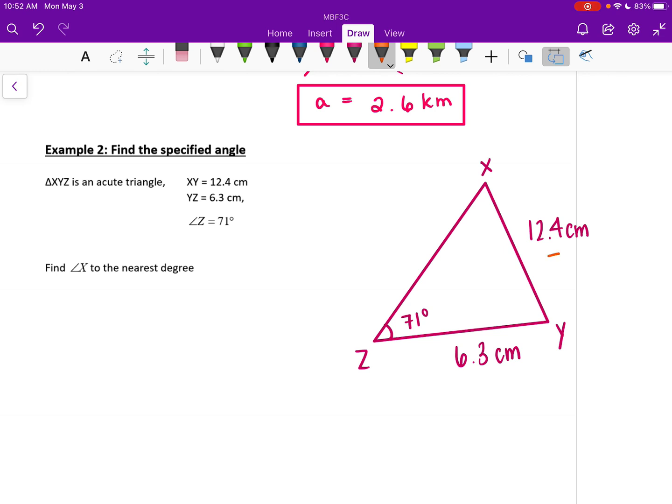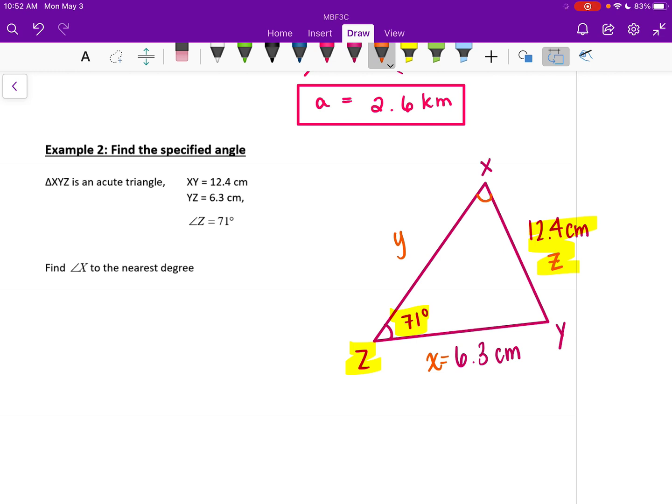And I'm just going to go in and label my sides. So that's Z, this is Y, this is X. Right? So now I have an angle and its corresponding side. I know what angle Z is, and I know what side Z is. So that's going to be the ratio that I use. And it says to find angle X to the nearest degree. So I'm looking for angle X right here.